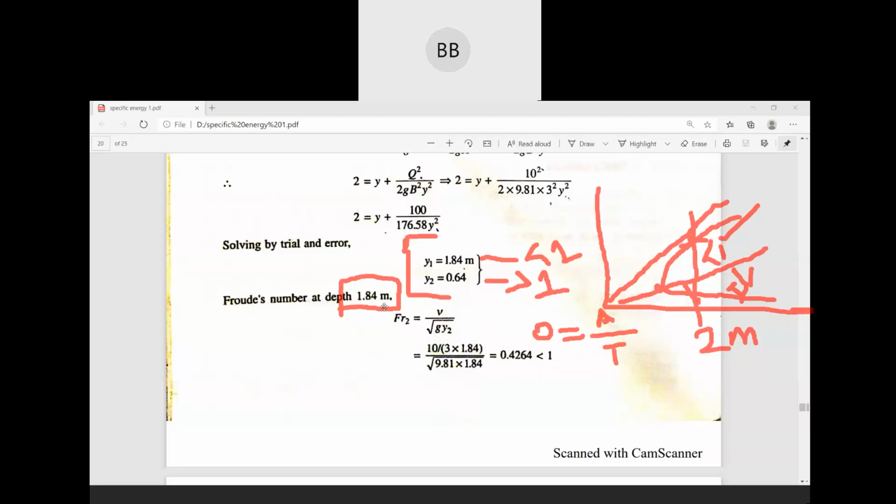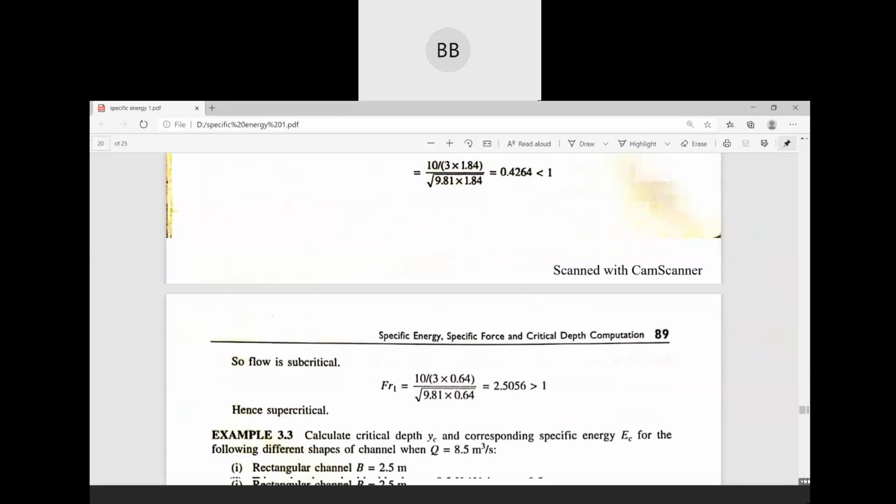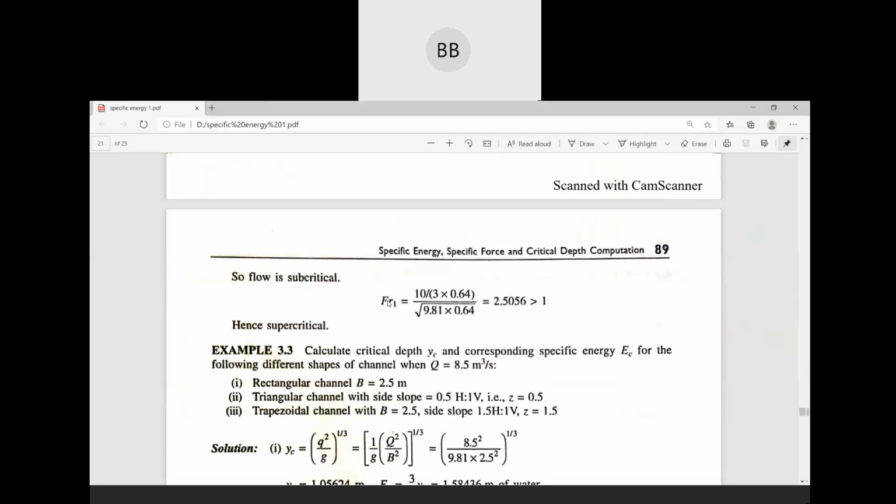In place of y you substitute 1.84 and see your Froude number, which is in subcritical flow and should be less than 1, and we are getting a Froude number less than 1. Similarly, you have to find out the Froude number for the 0.64 depth, and see if you are getting greater than 1 or not.